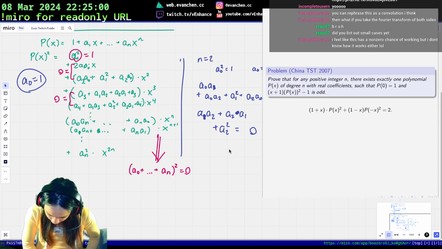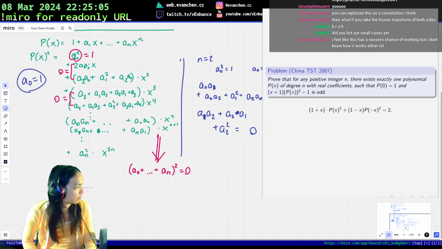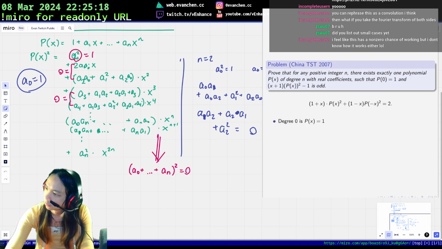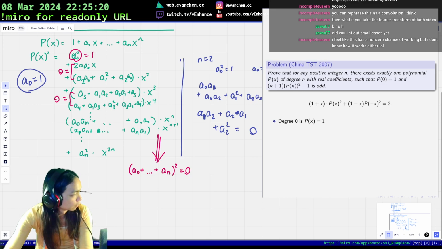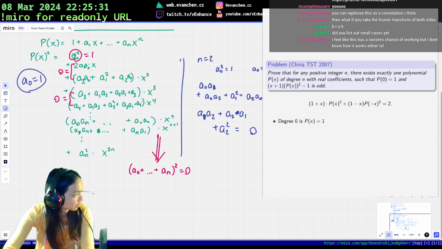Anyways, what is the answer for 2? I do care what the answers are. Yeah, I have not finished listing out small cases, and that is indeed a thing I really should do. So I want x squared plus x.